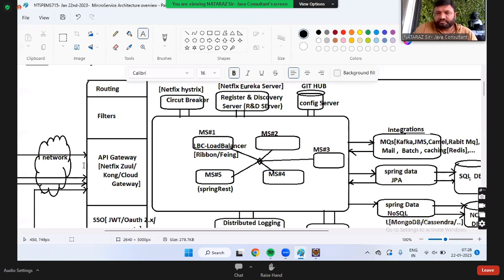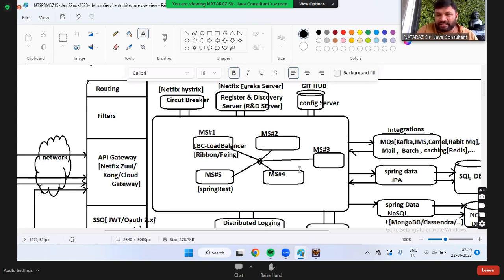Now listen. All these microservices want to talk with the same database software. Listen carefully. Then all these microservices should use the same JDBC properties.